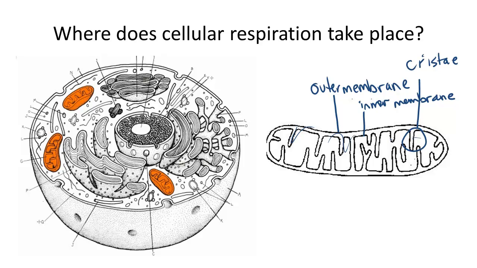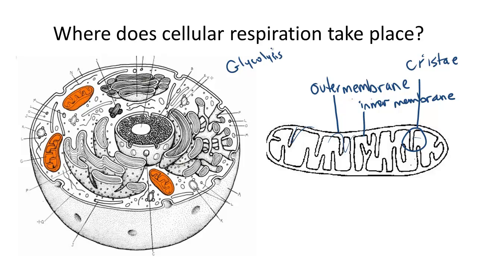For a little more detail, remember that in the presence of oxygen, during aerobic respiration, glucose molecules are broken in half in the cytoplasm, outside the mitochondria. This process is known as glycolysis.